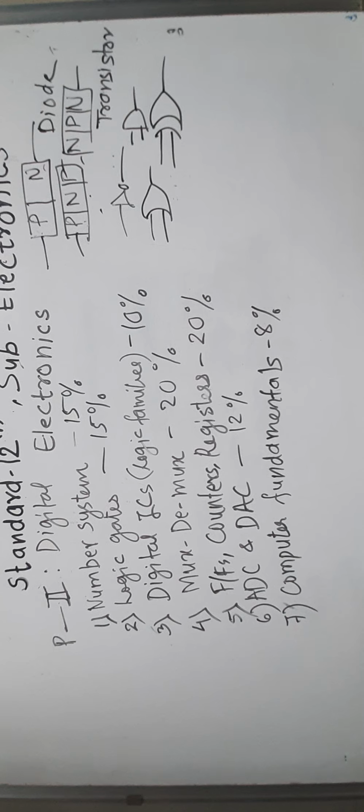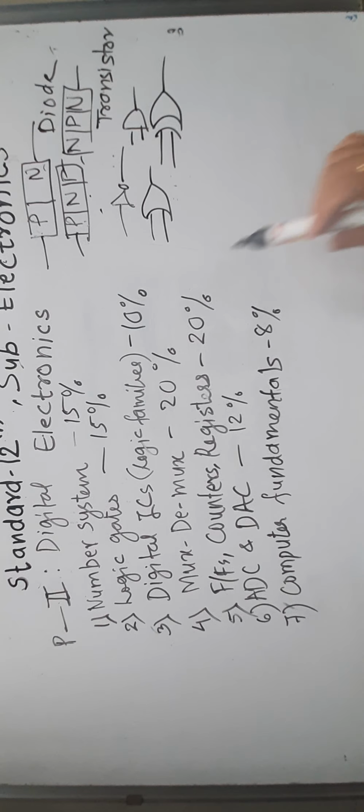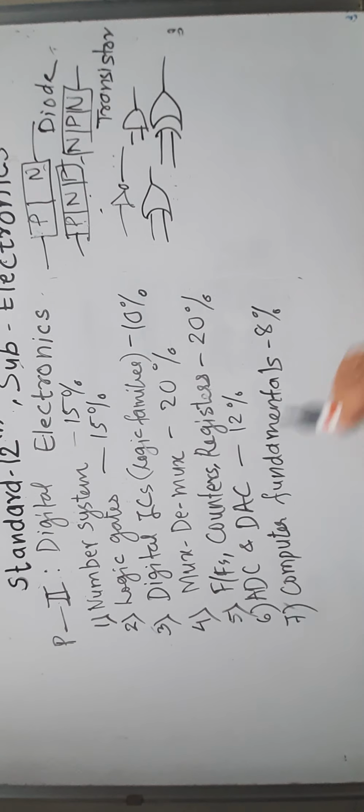The total digital electronics part is very easy to understand. We just have to apply our logic, and by applying logic we can remember all of digital electronics. So this section 2 is very easy to understand.